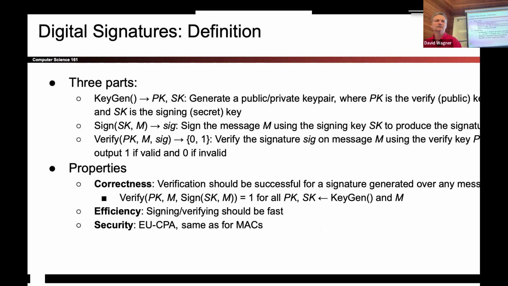Okay. So a digital signature has three algorithms or operations. One is a way to generate a public and private key pair. One is a way for Alice to sign a message with her private key. And then finally, there's a way for anyone, given a message and that signature, that tag, to verify that it's correct. There's the correct tag or checksum or signature on the message.